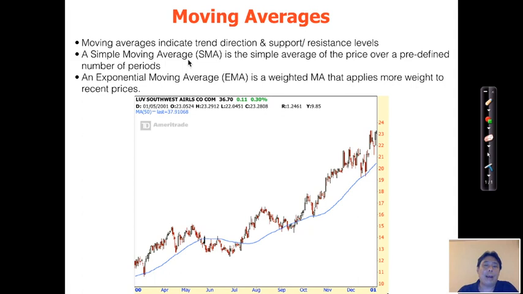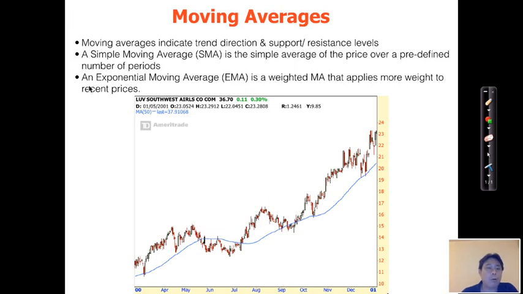So the simple moving average is the simple average of the price over a predefined number of periods. For example, 50 is a predefined period, or 100 or 20. And again, a period could be a day, it could be an hour, it could be a week, right? So what you're seeing here is the 50-day simple moving average.